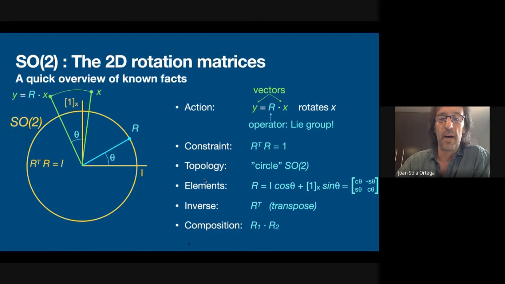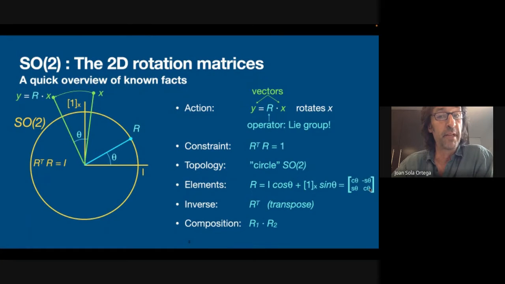R is I cosine theta plus 1 cross sine theta, and this gives me cosine theta, minus sine theta, cosine theta, which is the rotation matrix in 2D that rotates a vector x by an angle theta, producing a vector y.